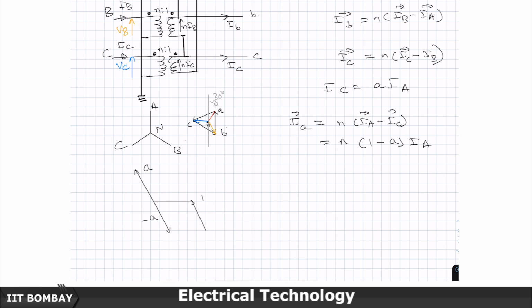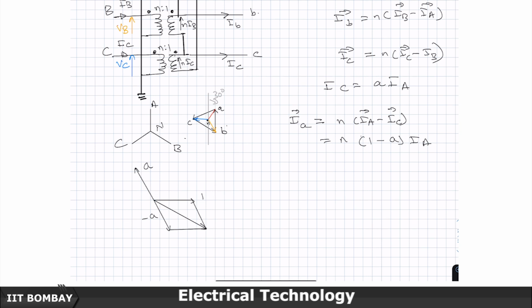complete the parallelogram here, complete the parallelogram, and now this angle being 180, this is 120, you know this is 180, other side also 180, so this is 60 degrees, symmetry, so 30 degrees, and also by symmetry we know this is root 3 times, if this is 1, this is root 3.